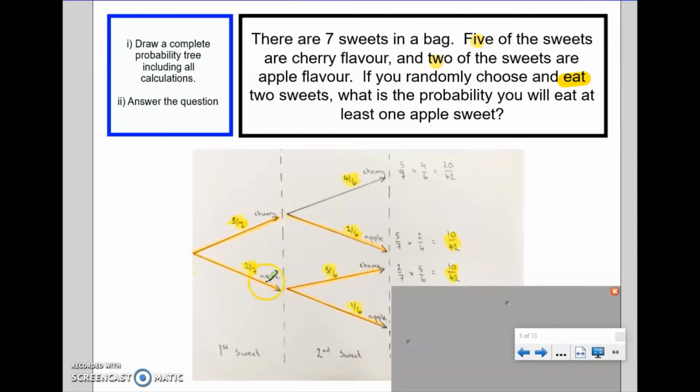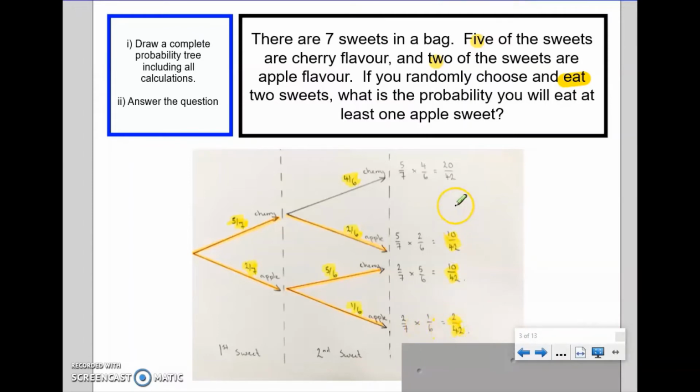And the probability of eating an apple sweet followed by another apple sweet would be, let's have a look here, 2 out of 42. Okay, if I was to add up all 4 of these probabilities, again, they would add up to 42 out of 42, which is 1 whole.